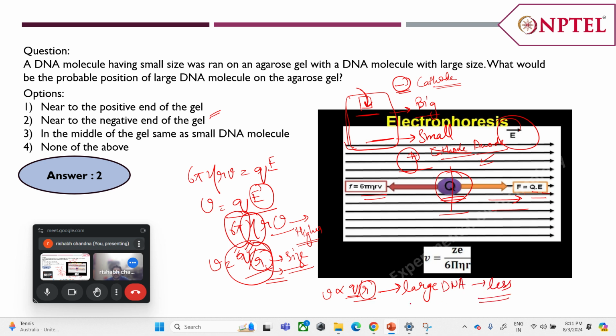That's why it will move slowly and will remain near to the well, and the small DNA molecule will move farthest and with a greater velocity.